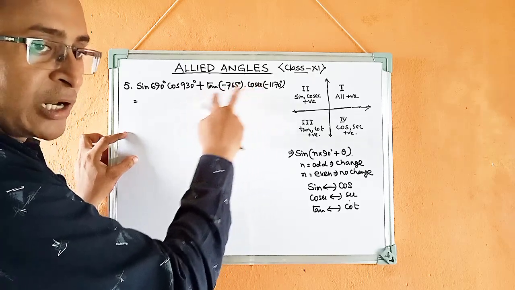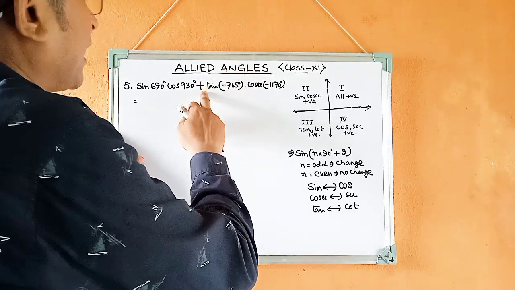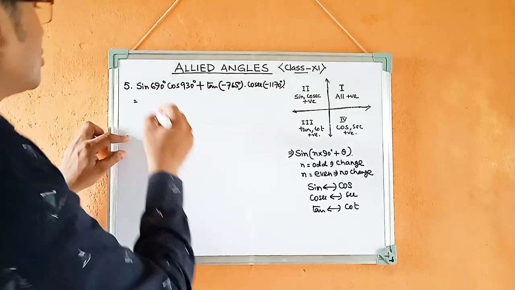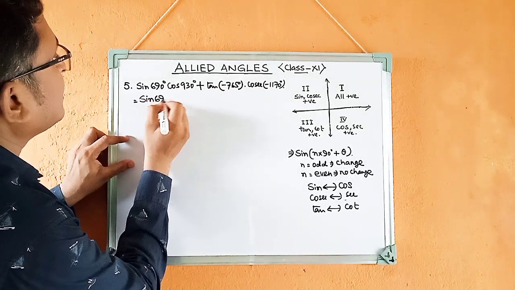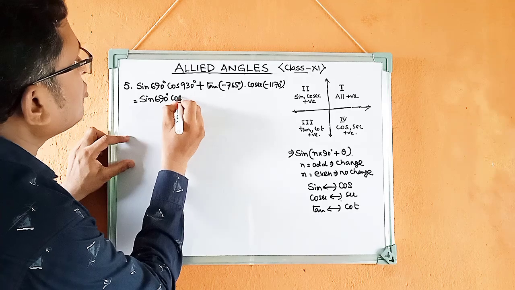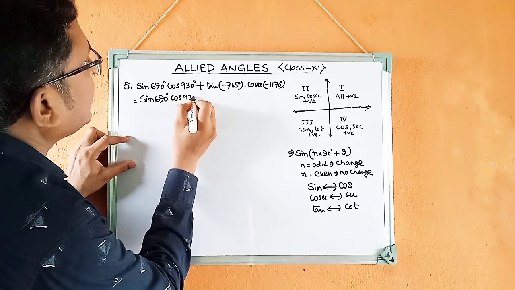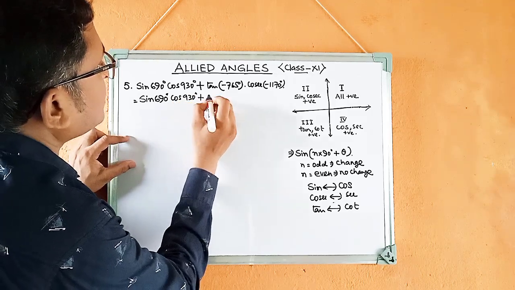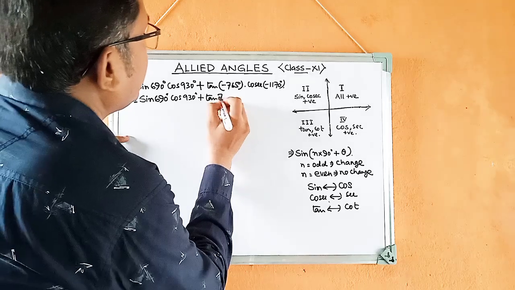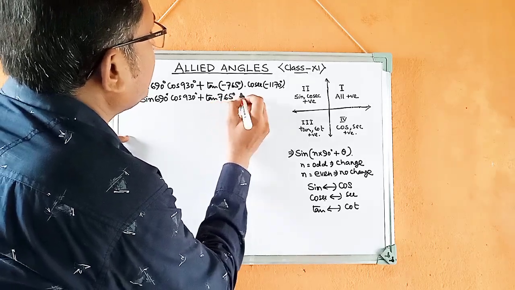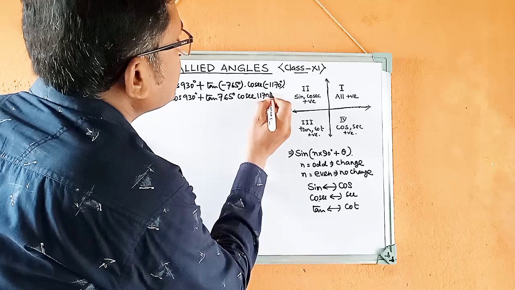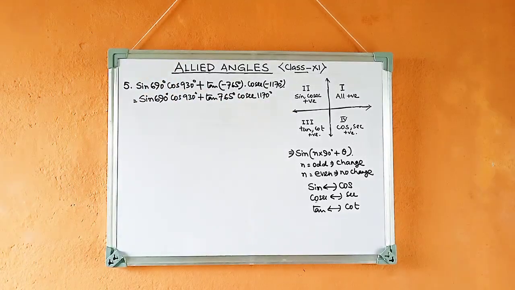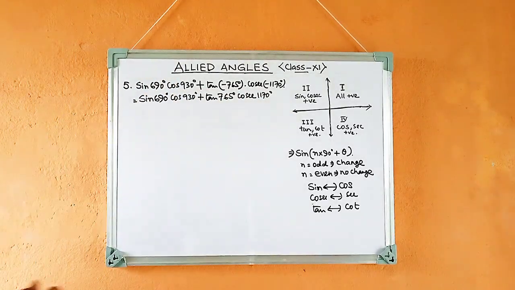Minus into minus becomes plus. So we write sine 690 degree into cos 930 degree plus tan 765 degree into cosec 1170 degree. Clear everyone?